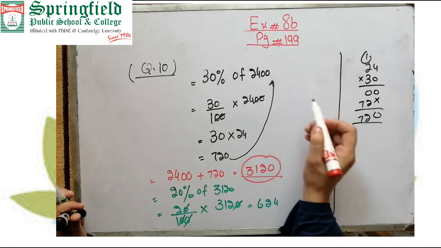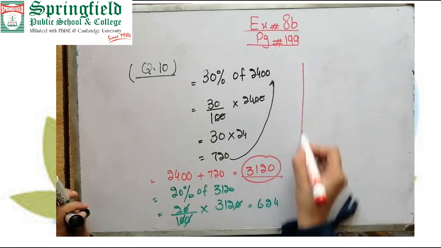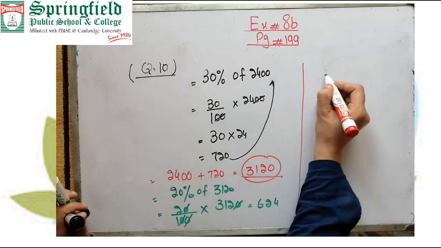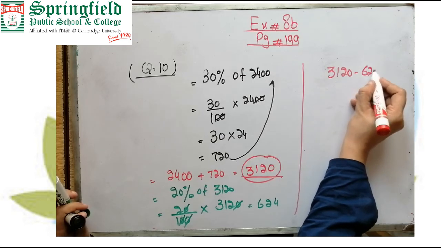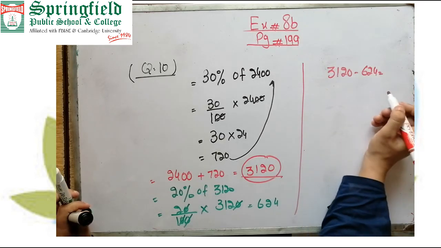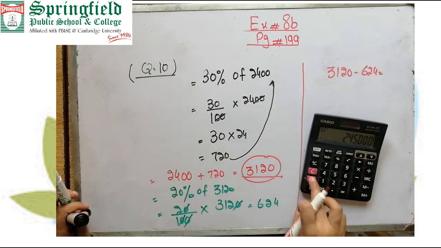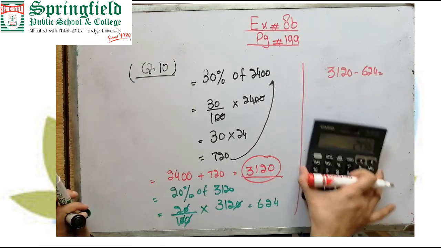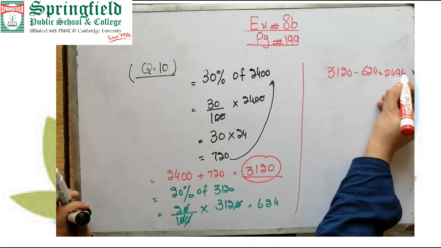And then this amount will decrease, meaning subtract from this amount. 3120 minus 624. So what will be the final amount? 3120 minus 624 is 2496.